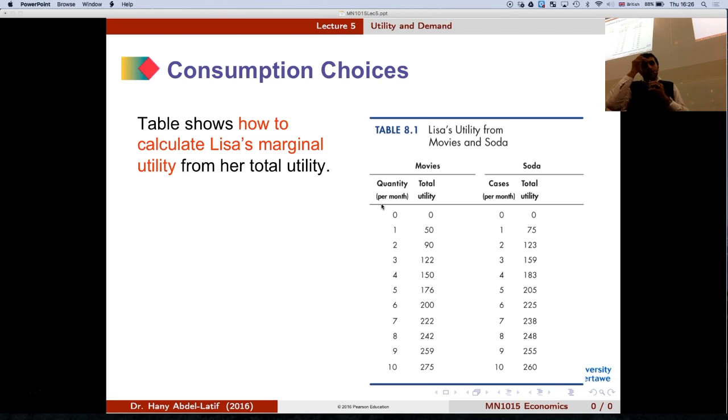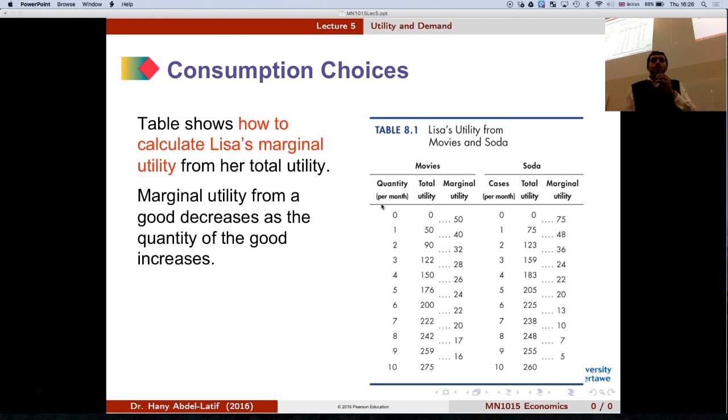Okay. So the marginal utility is the contribution of this second movie to the total utility, which will be 40. In the third column, you'll see the marginal utility. We calculate the marginal utility as the change in the total utility.